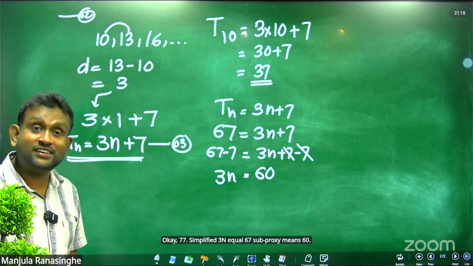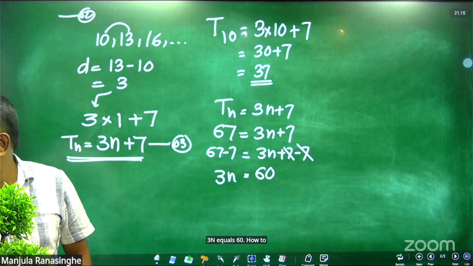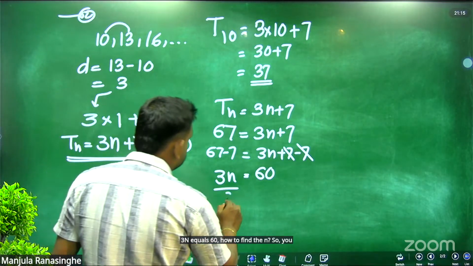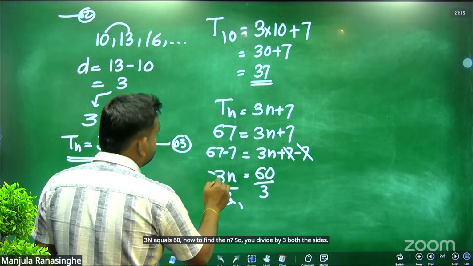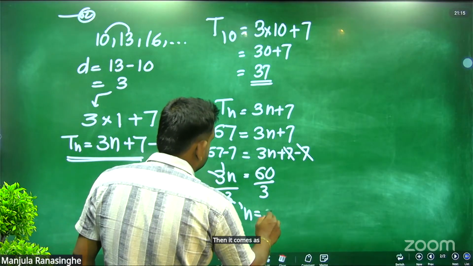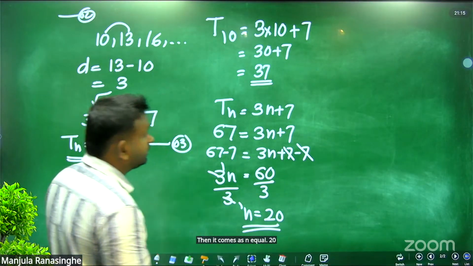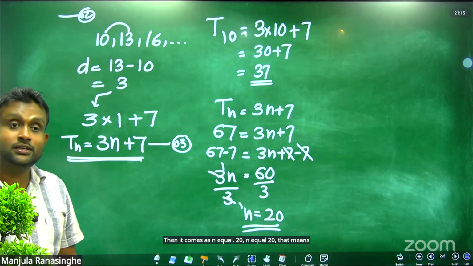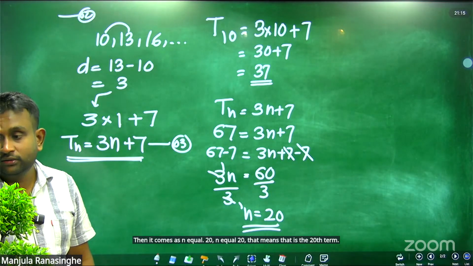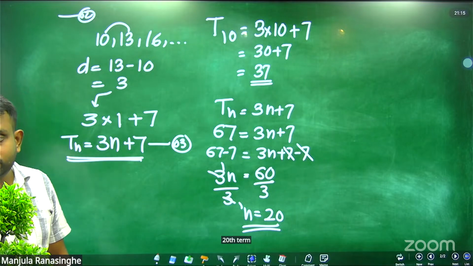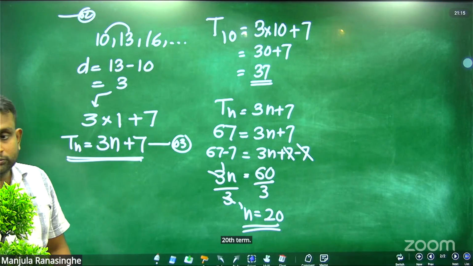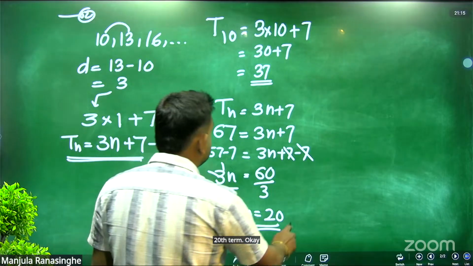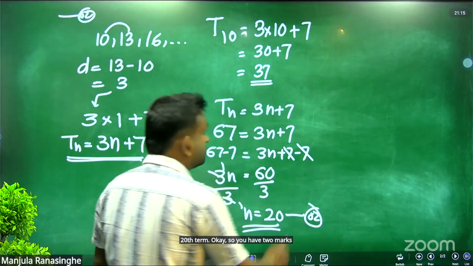Divide by 3 on both sides, then n equals 20. That means it is the 20th term. You have two marks there.